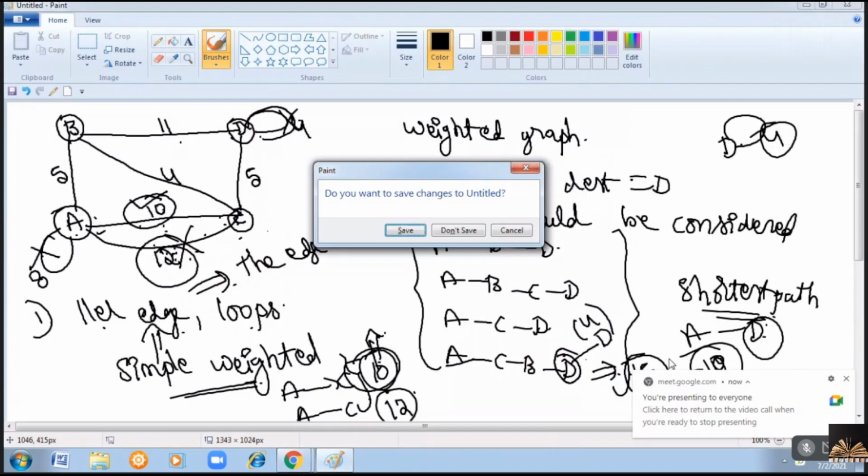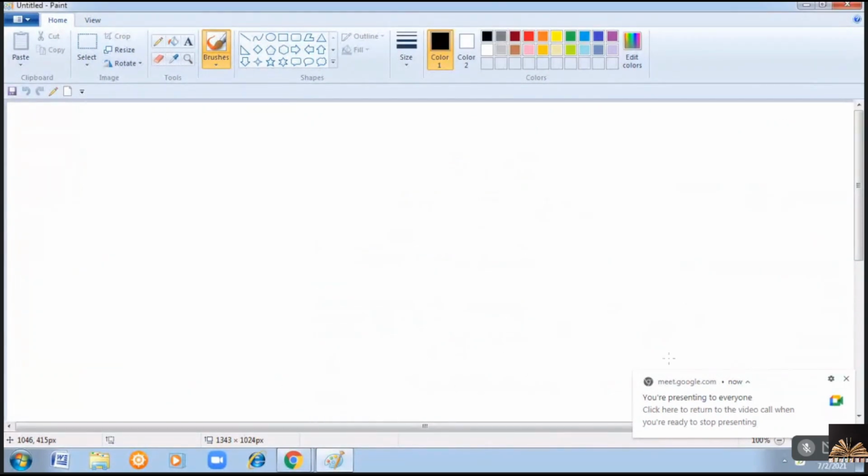So now what I'll do is first remove the loops and the parallel edges, and I'll draw the graph like this. When you remove the parallel edges and the loops, you will get a graph like this.